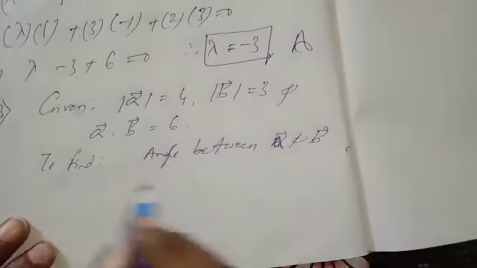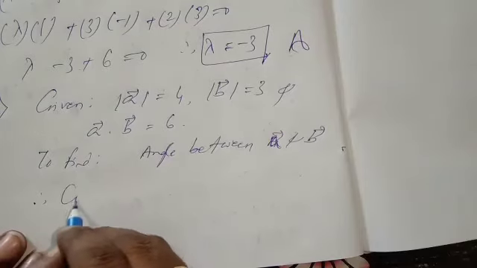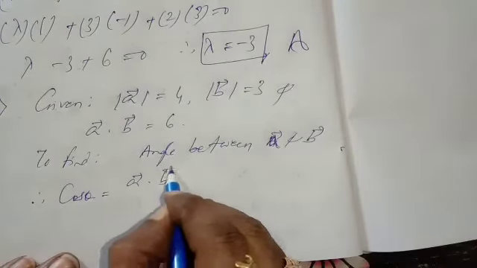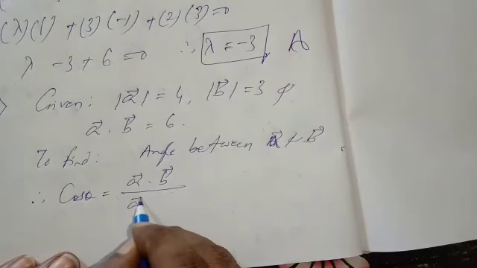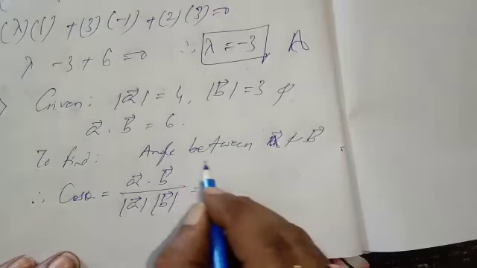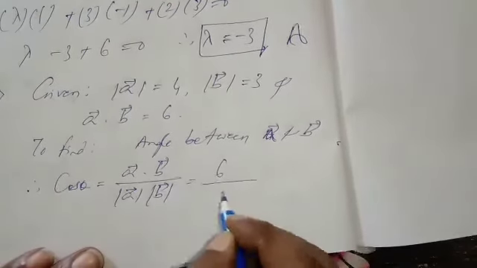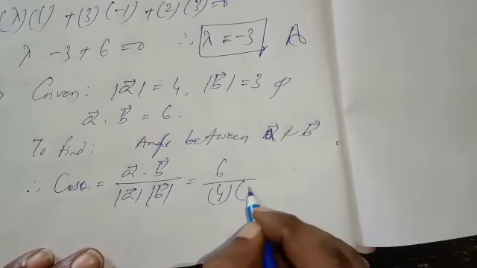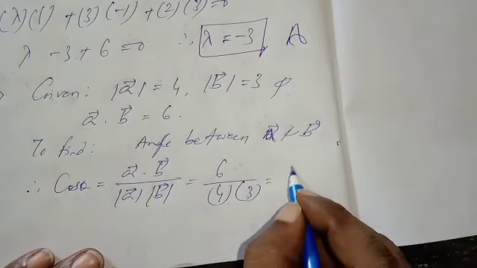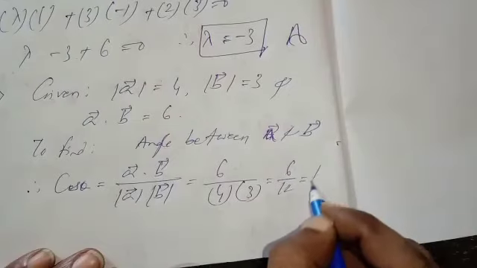So what is the formula for the angle? The cos θ formula, you know, is cos θ = A vector dot B vector by the modulus of vector A times the modulus of vector B. Now put the value of A dot B, that is 6, by the modulus of A given 4, into the modulus of B given 3. It is 6 by 12, it is coming 1 by 2.